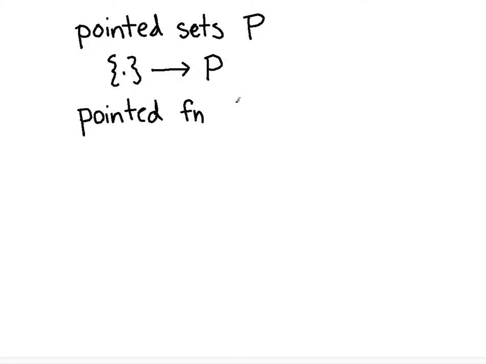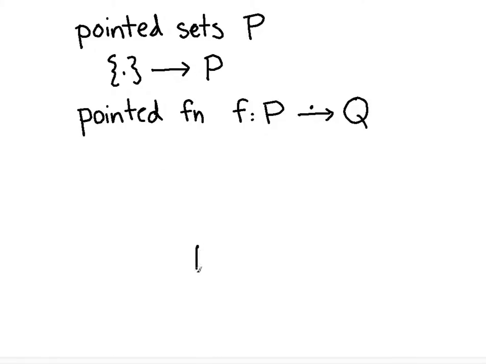So if I've got a pointed function f from the pointed set P to the pointed set Q, then there will be a special point in P, picked out by this thing, and there will be a special point in Q, and this special point has to map to that special point.